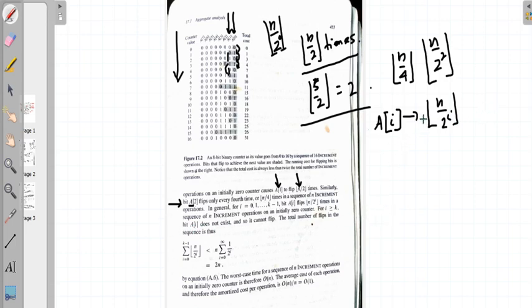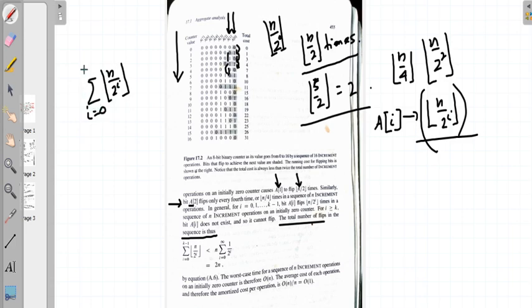So each bit's flipping we can capture with this formula, n by 2 power i floor, right? So the total number of flips in a sequence of n operations can be represented by this formula, summing over i equals 0 to k minus 1.